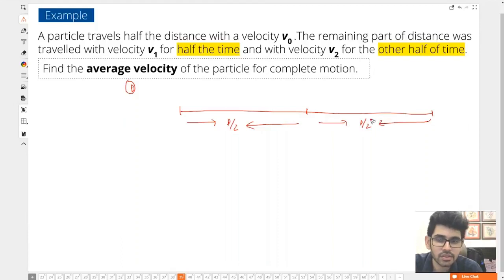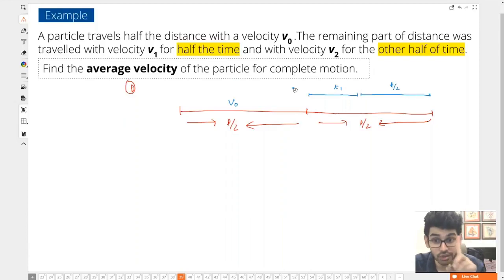Okay, so this half the distance is covered with velocity v0. Great. And here, for the remaining half, for half the time. Let's call this time t1, and this as t by 2.